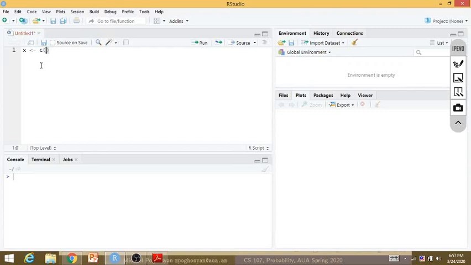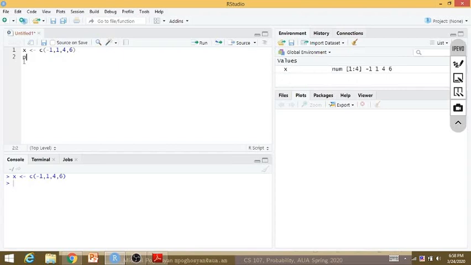This vector will denote all possible values of our random variable x: -1, then 1, then 4, then 6. I'm running that by hitting, when standing at that line, either Control Enter or Alt Enter. It runs and moves to the next line. So I have that variable x now.